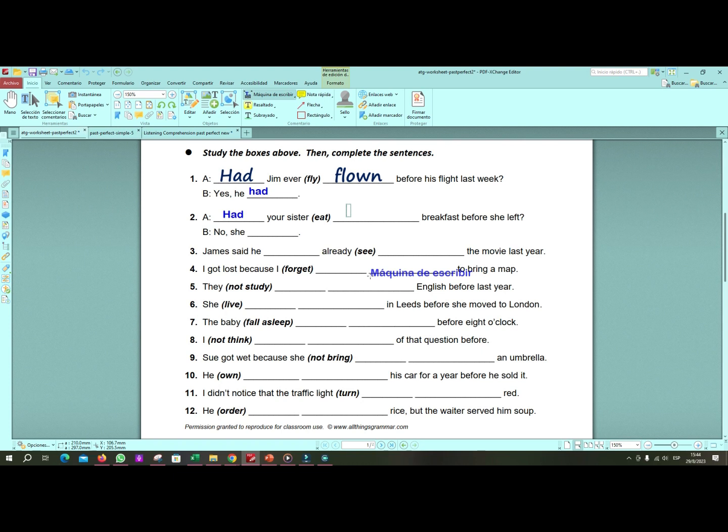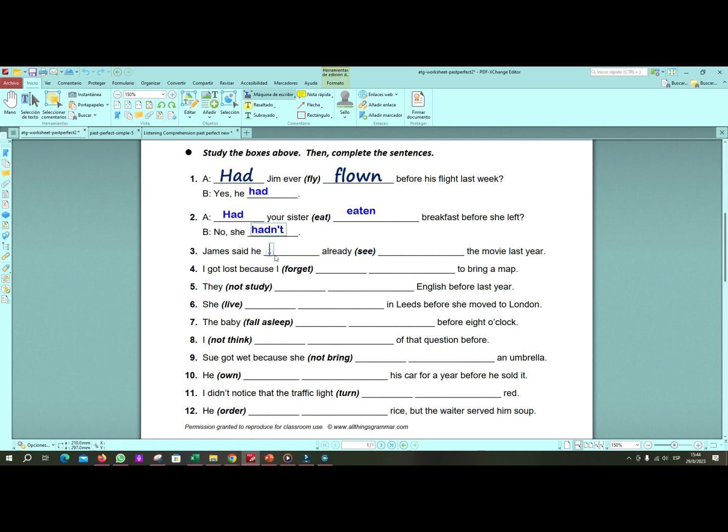Had your sister eaten, right? Breakfast before she left. No, that is a negative one, so she hadn't. You can say that she hadn't or she had not, right? So, had your sister eaten breakfast before she left? No, she hadn't, right? Good.